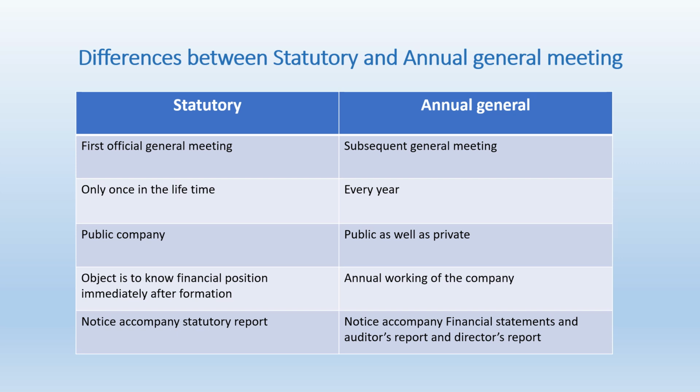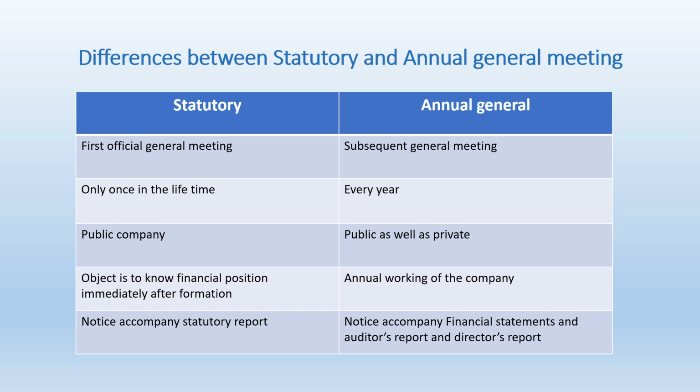A statutory meeting is held only once during the life of the company, whereas an annual general meeting is held every year. A statutory meeting is necessary only for a public company, but an annual general meeting is necessary for a public company as well as a private company.